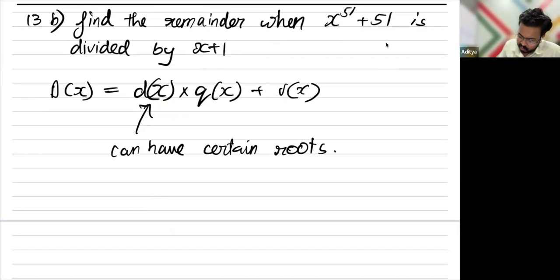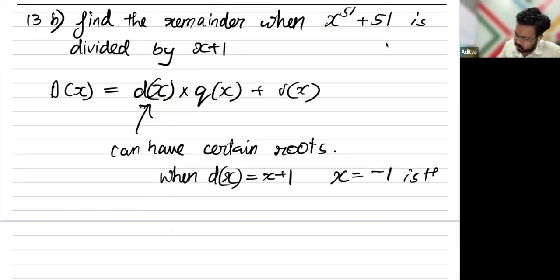For example, when d of x equals x plus 1, x equal to minus 1 is the root. And since d of x is a linear polynomial, r of x is going to be a constant.